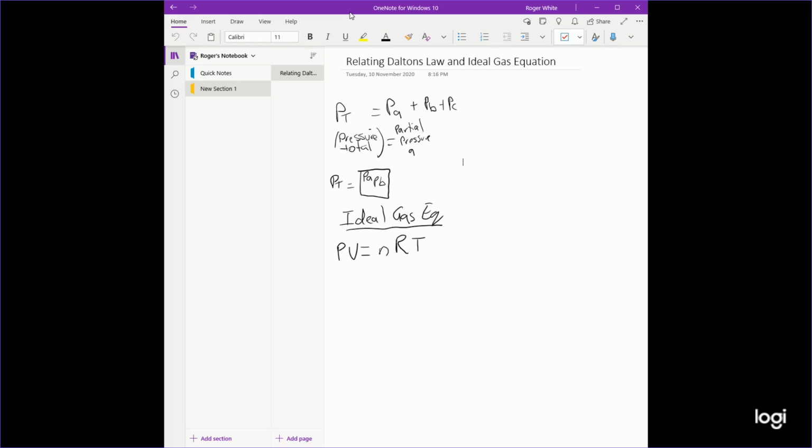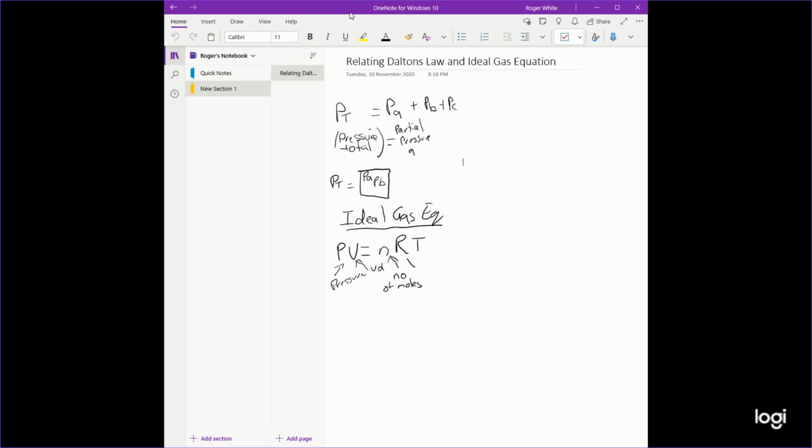So P stands for pressure, V is volume, n is your number of moles. Hopefully we understand moles. If you don't understand moles, I'll do a video also on stoichiometry, which will explain the role of the mole and where the moles come from. But moles are very important to know for chemistry and the GAMSAT in general.